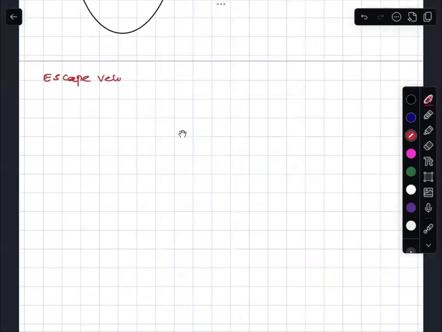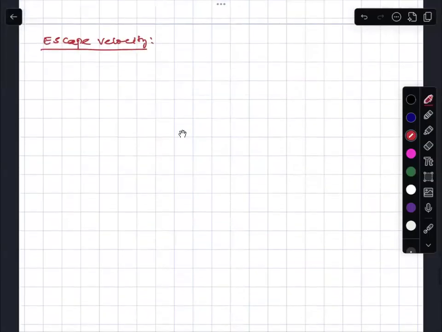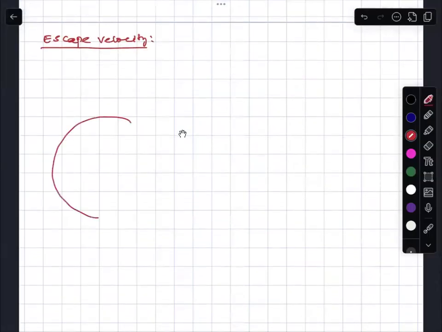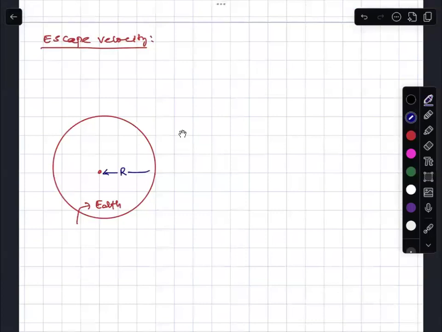Escape velocity. Now here is your planet. This is called planet Earth. Radius R. And I have an object.